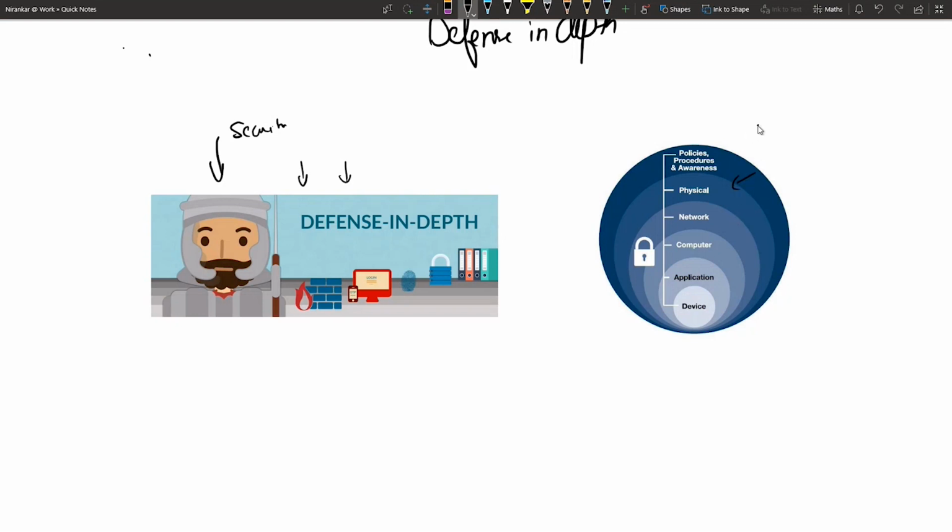The policy, procedures, and awareness, let's say if I go with social engineering, a person can be trapped, and if I do something illegal, I can be caught and put in jail. So I should know the policies, procedures, and awareness around me. Then the physical perimeter. Then there's the network, computer, application, and device. The network I'm talking about is the internal network over here. So this is defense in depth.